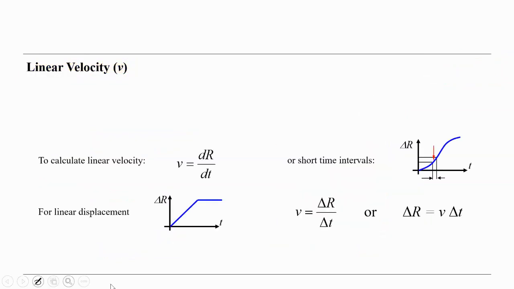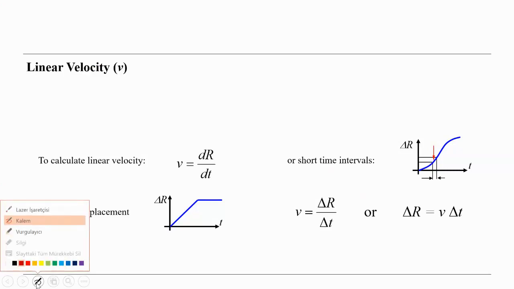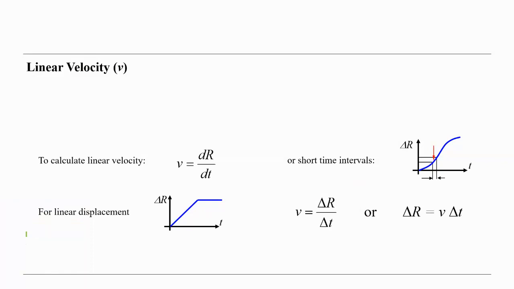Here we also remember from the dynamics that the calculation of the speed is the first derivative with respect to time. v is equal to dr over dt, where r is the position vector and t is the time.